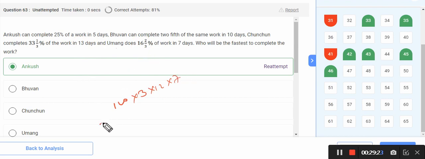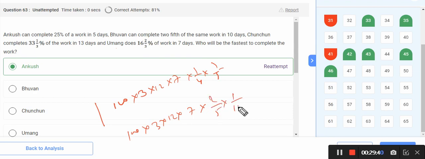So we have assumed this number as the total work, so 1/4 of this work in 5 days. Okay, write it again, work. So 2/5 of this work in 10 days.